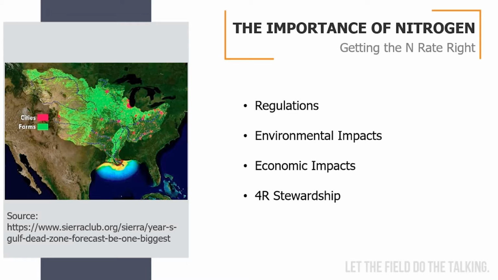And you can see this impact with the Mississippi watershed, where there's tons of nitrogen fertilizer that ends up in the Gulf of Mexico in one of the largest hypoxic zones. But as we're getting new technology in precision agriculture, we can minimize these impacts by following 4R stewardship of applying the right source, the right placement, the right time, and right rate.